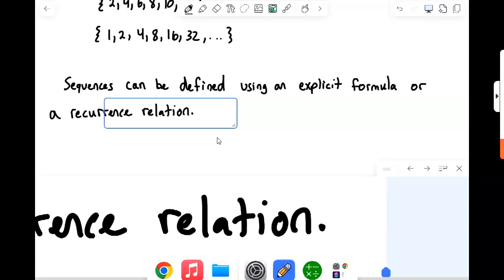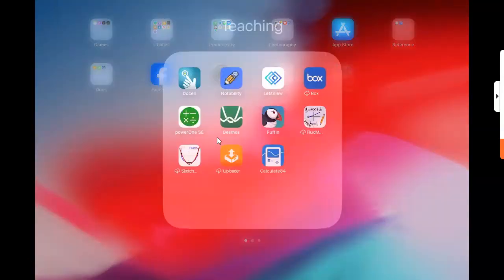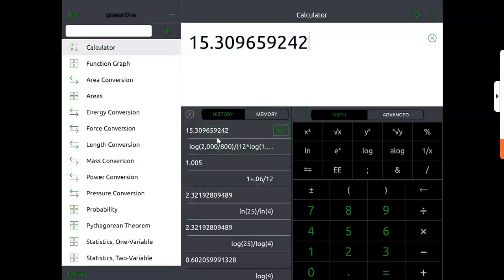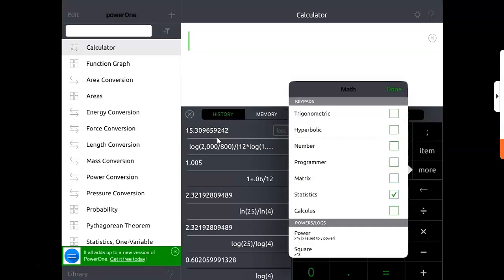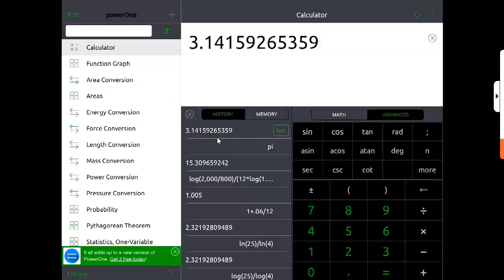Of course, you can define sequences other ways. We could say, I'm going to make my sequence be just the digits of pi. So the first number in my sequence is 1, the next number is 4, the next one is 1, the next one is 5, then 9, then 2, and so on, out through all the digits of pi. Unfortunately, for something like that, we couldn't describe a formula to give us that.